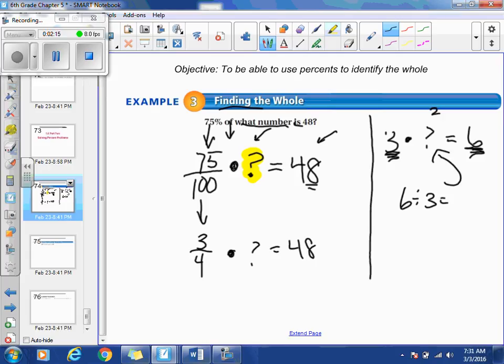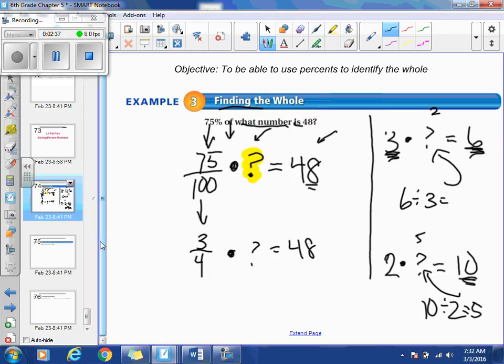Or if I was trying to say, 2 times what equals 10? You say, oh, 2 times 5 is 10. But to figure that out, if you didn't know, couldn't you take 10 and divide it by 2 to get 5, that missing number? So here we're going to do the exact thing.